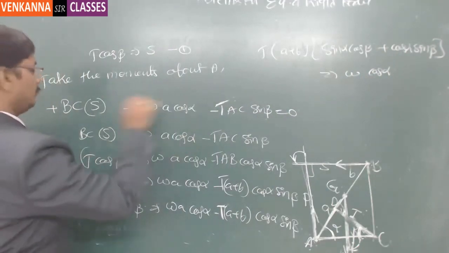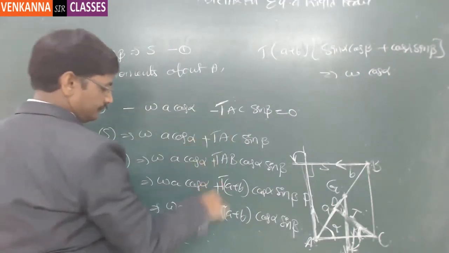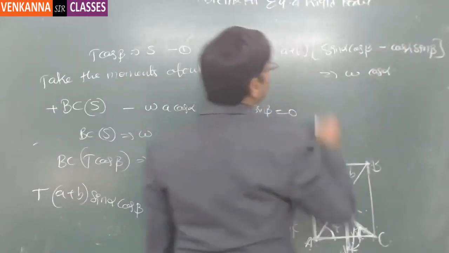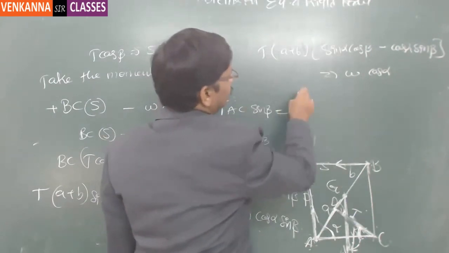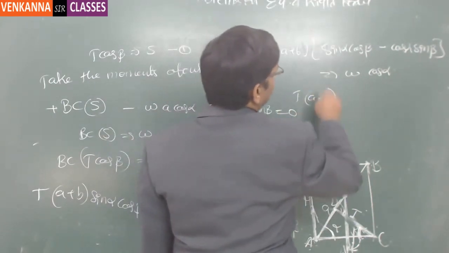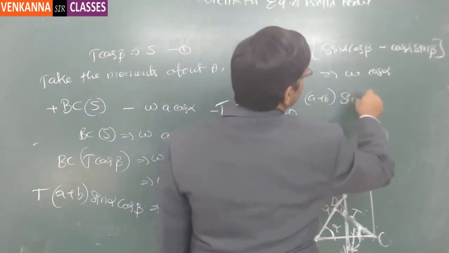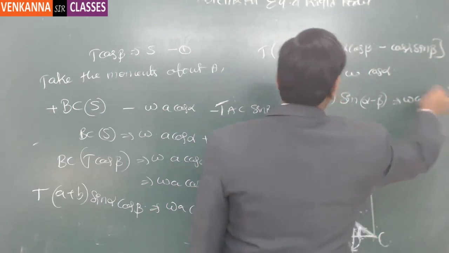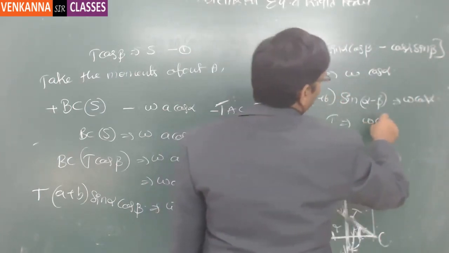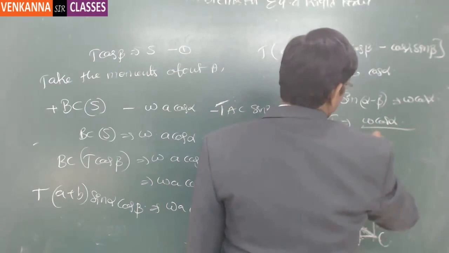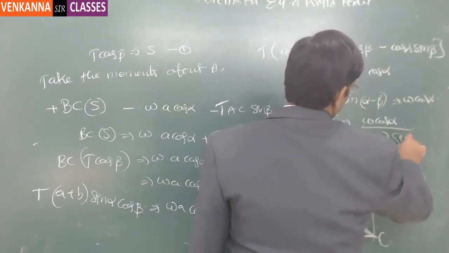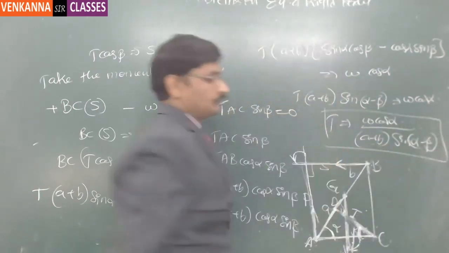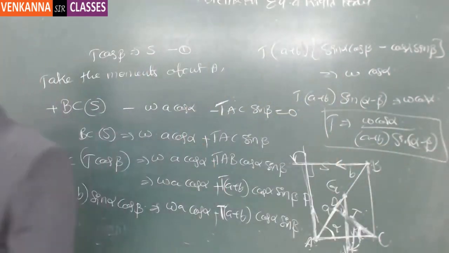So when you are taking it to the other side, this will be negative in that case. So this is T times A plus B times sin alpha cos beta minus cos alpha sin beta, which is sin of alpha minus beta, equal to W cos alpha. T is equal to W cos alpha by A plus B times sin of alpha minus beta. So this is the answer expected. Got it?